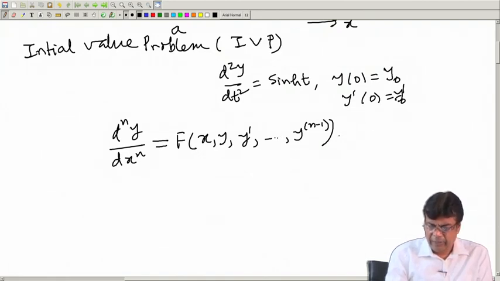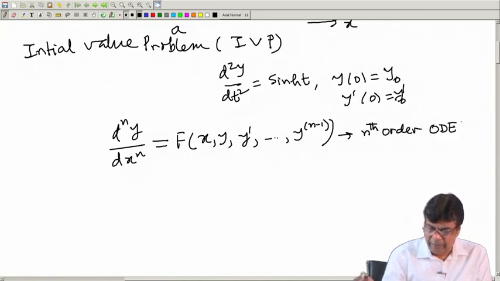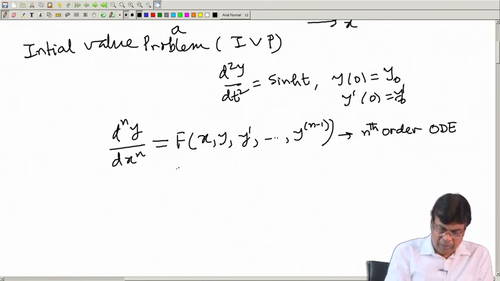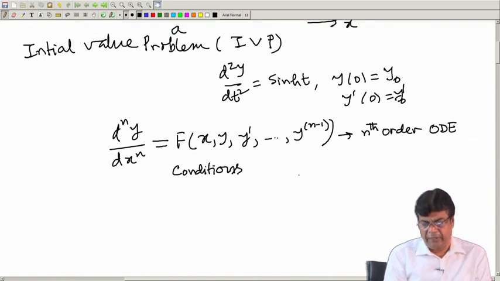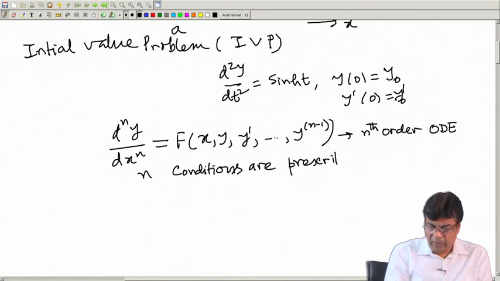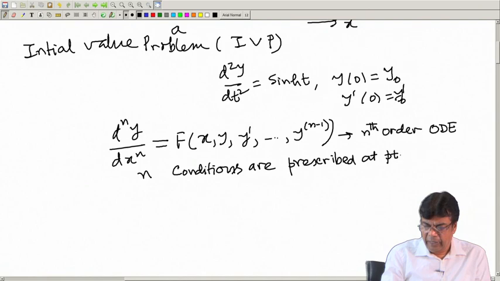So, we have an nth order ordinary differential equation, and all the conditions are given. Since it is an nth order ODE, we need n conditions. So, n number of conditions are prescribed at a point x equal to 0.